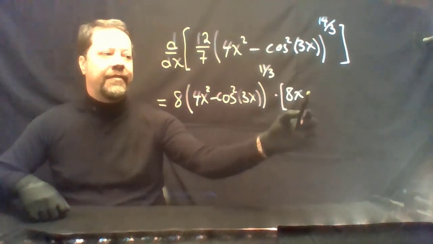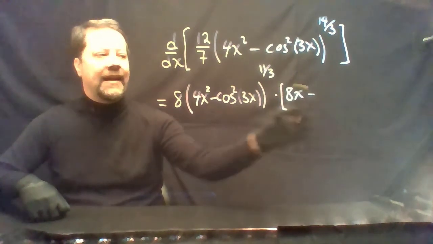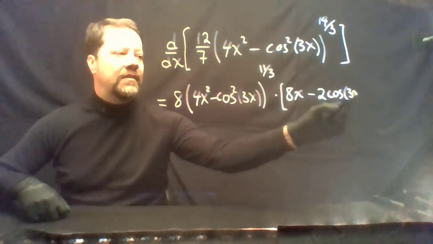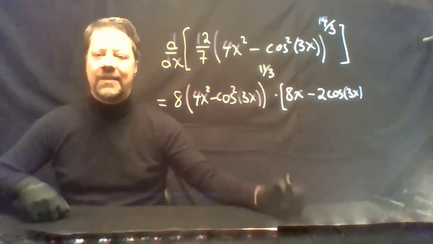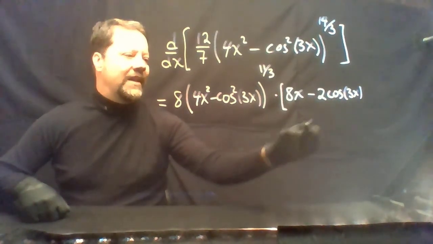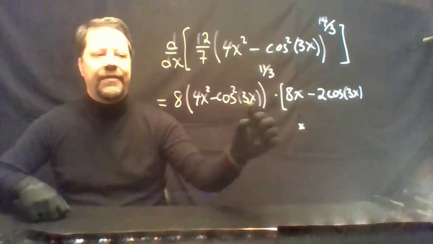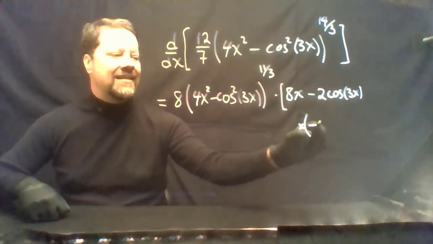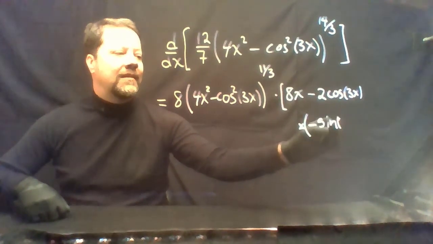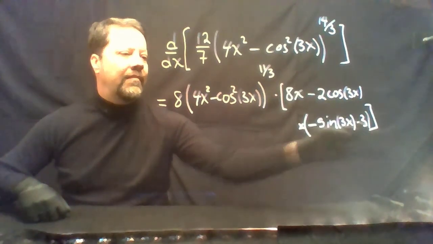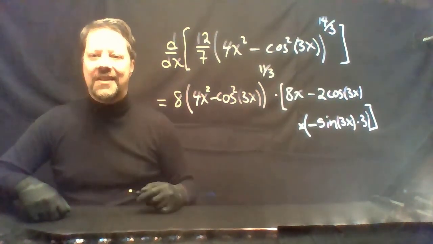When we take the derivative of the second term, we have to bring the power down, leave the inside alone, subtracting 1 from the exponent, and then we need to multiply by the derivative of the cosine of 3x. That's going to be minus sine of 3x times 3. And that gives us the derivative.